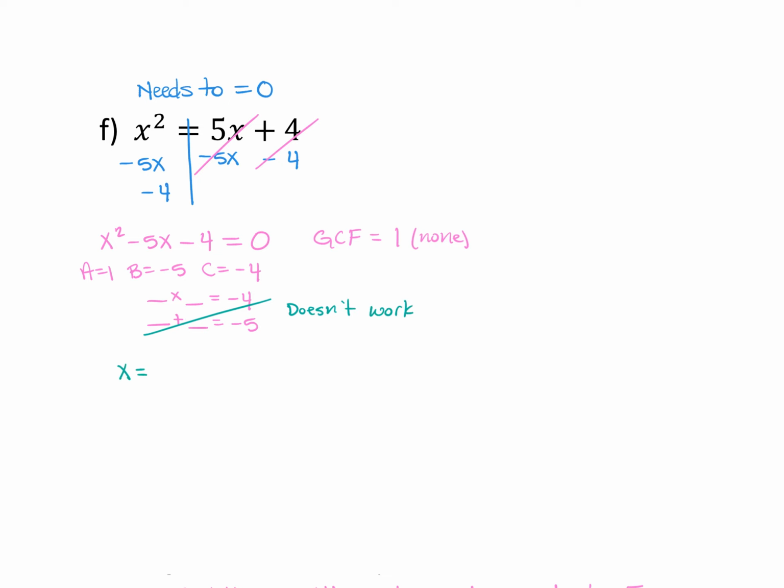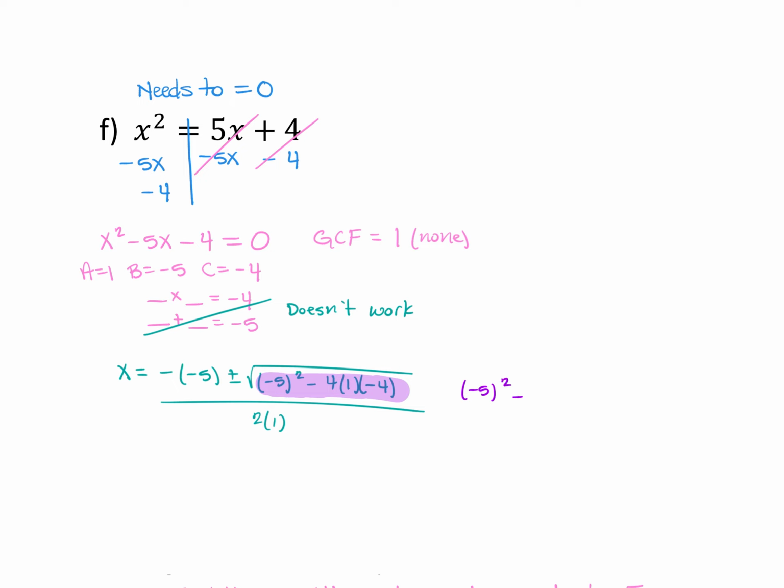X is equal to the opposite of B plus or minus the square root of B squared minus 4 times A times C, all over 2 times A. You want to take the part underneath the square root and type that into your calculator.